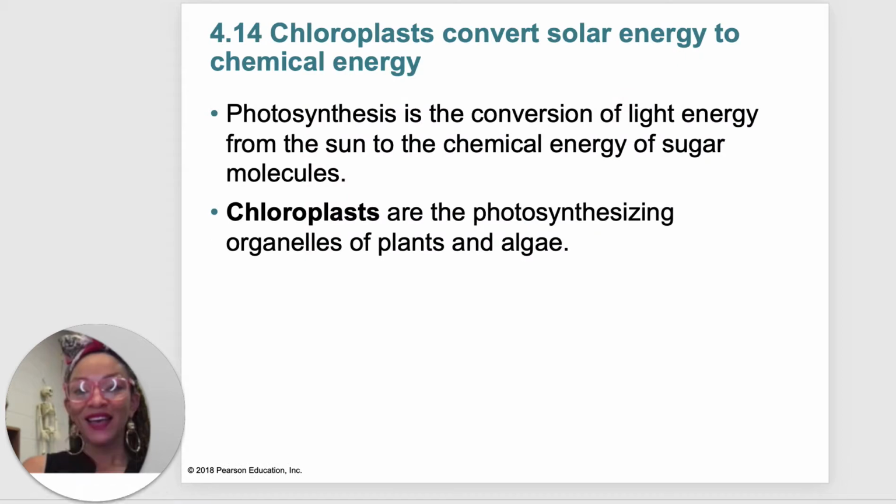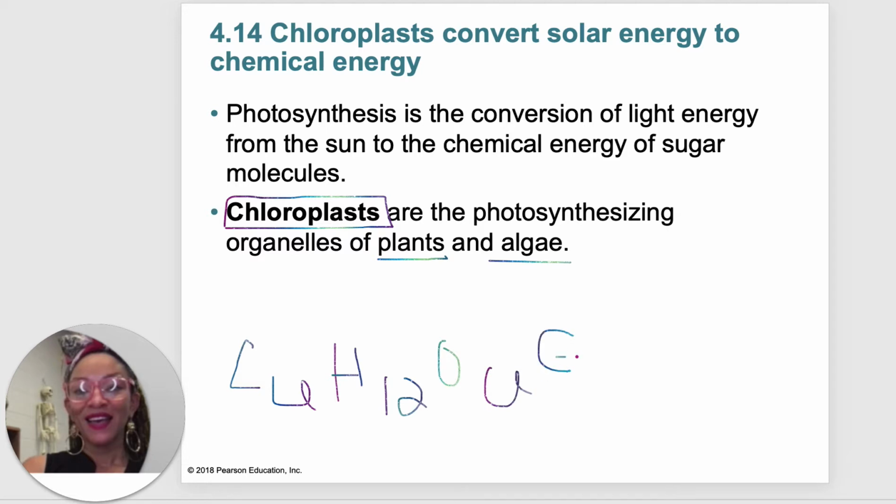All right, so another energy converting organelle that you do not find in animal cells are something called chloroplasts. So these are found typically in plants and algae. So photosynthesis is taking light energy from the sun and creating sugar and oxygen. So something called C6H12O6, which is a simple sugar called glucose.